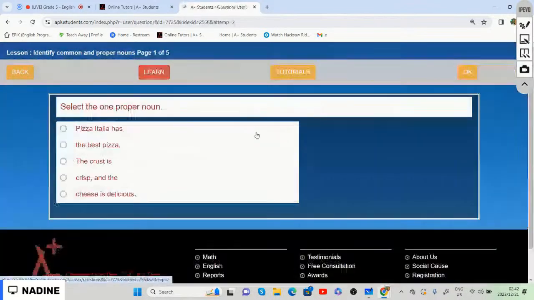All right, so now we need to select the proper noun. And remember, proper nouns are capitalized. Is it the first option, which is Pizza Italia has? Or is it the best pizza? Or the crust is crisp and the? Or cheese is delicious?